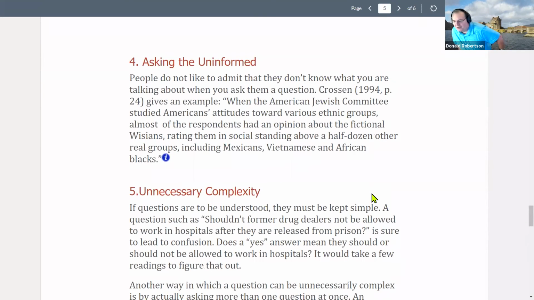Oh, this one I don't like, but I'm putting it in anyway. Asking the uninformed. Don't ask questions to people who probably don't know the answer. So if you went and said to people things like, I don't know, pick something. Do you think it was right for the French to withdraw their ambassador from America last week?